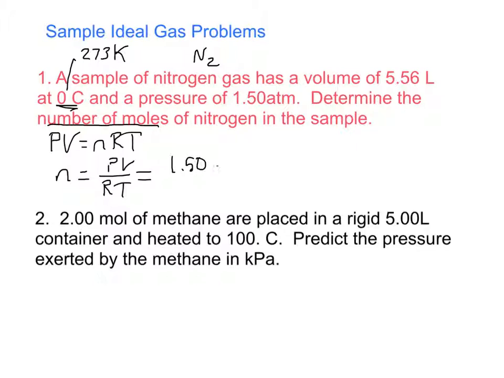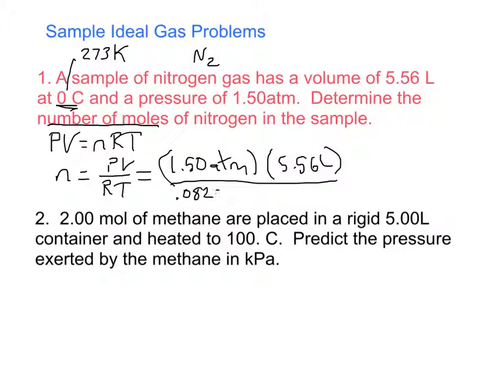1.50 atmospheres. We don't have to convert that because atmospheres is the unit of the ideal gas constant, times the volume of 5.56 liters. And that all gets divided by the ideal gas constant, 0.08206, and that's liter atmospheres per mole Kelvin.